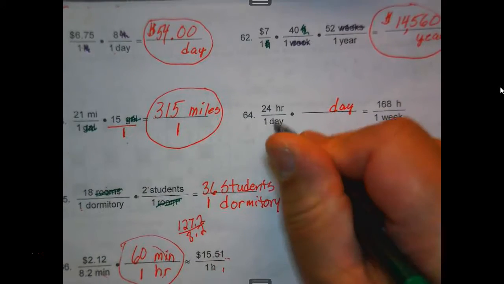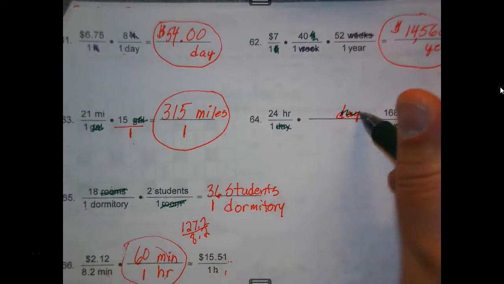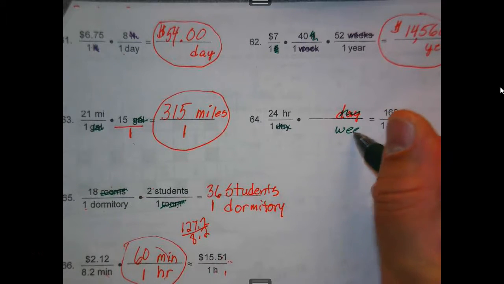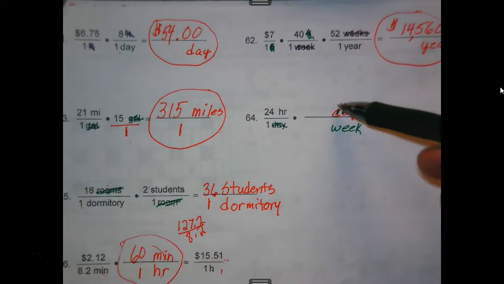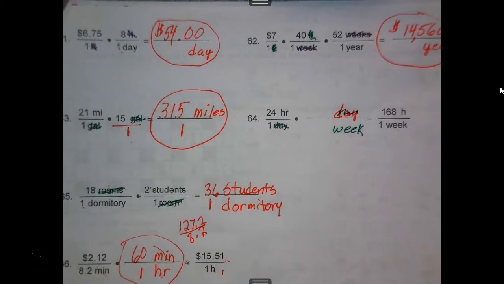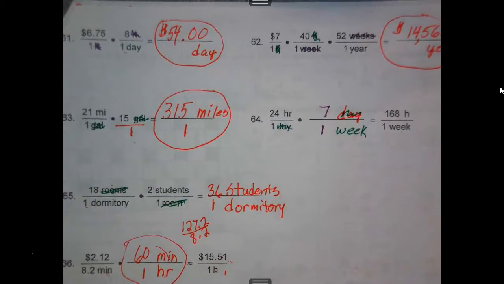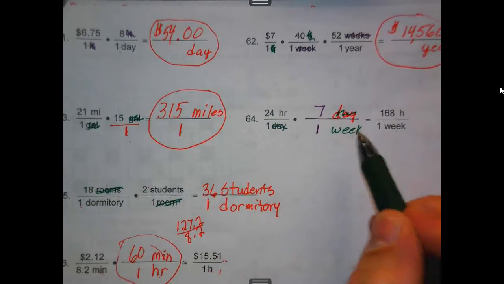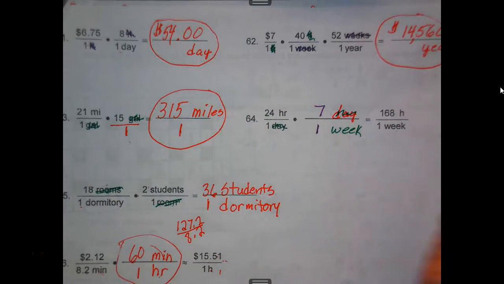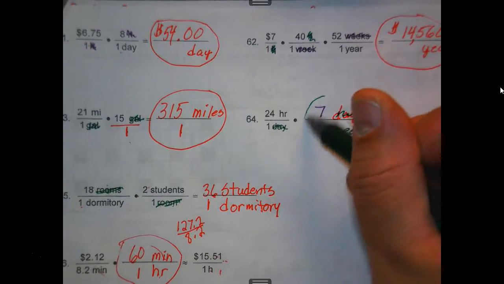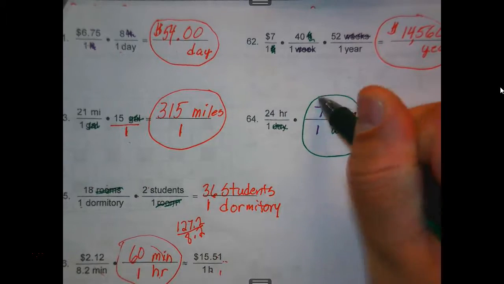So if these cancel, I have to have week in the bottom, right? So factor 1, how many days per week? That's right, 7 days per week. And just to double check, 24 times 7 is indeed 168. So I know I came up with the right factor.